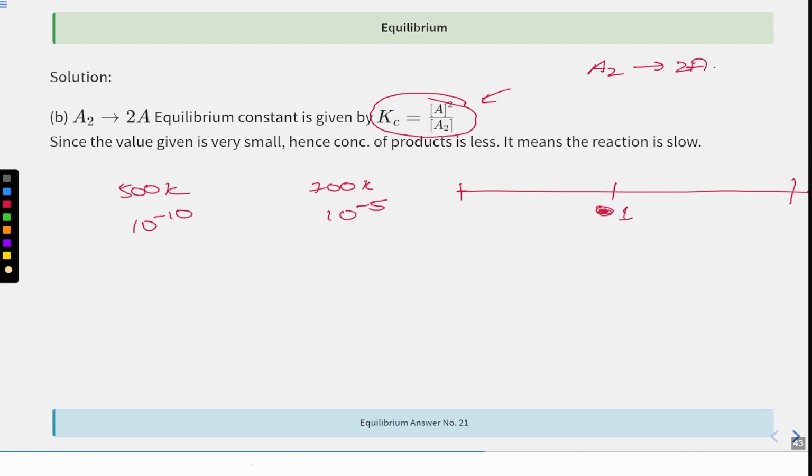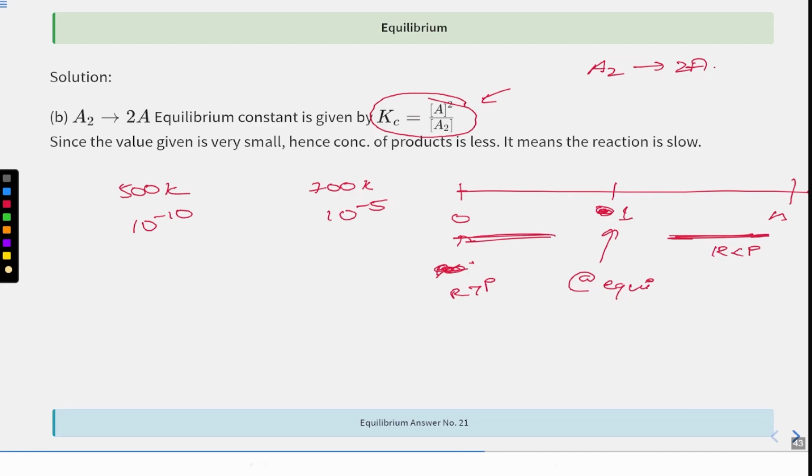Let's keep 1 and 0 and a huge number, which I'll just call n. Here we saw that this will be at equilibrium. On this side, reactants are more than products, and on this side we saw that reactants are less than products.